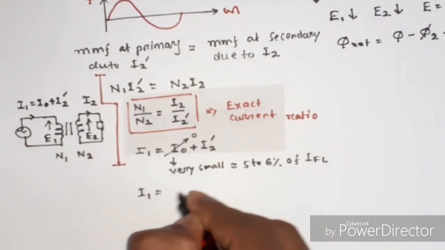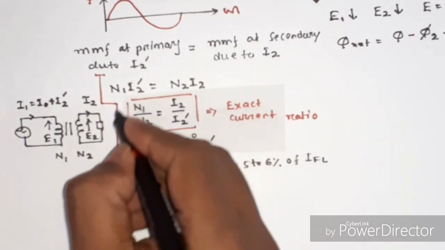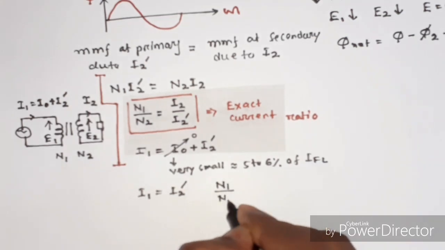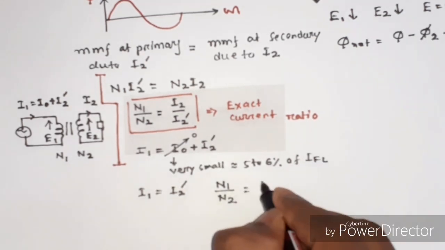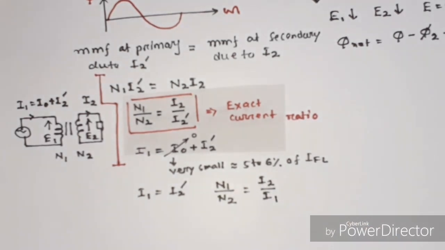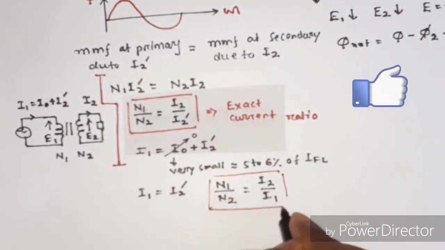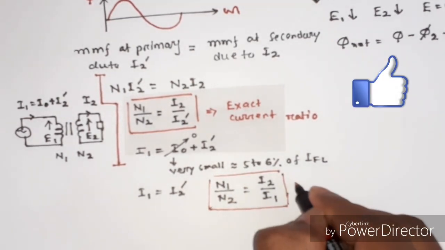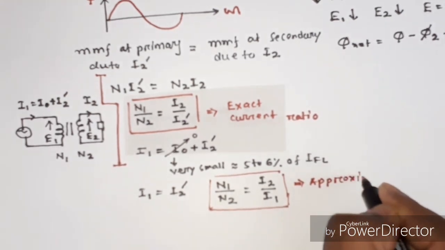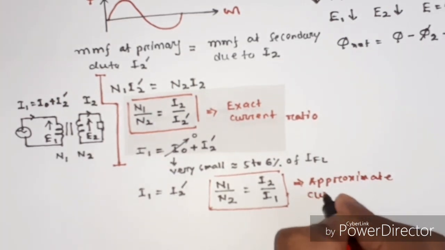Then the primary current I1 will be I2 dash. Therefore, from this relation I can write N1 by N2 is equal to I2 by I1. And this relation is the approximate current ratio.